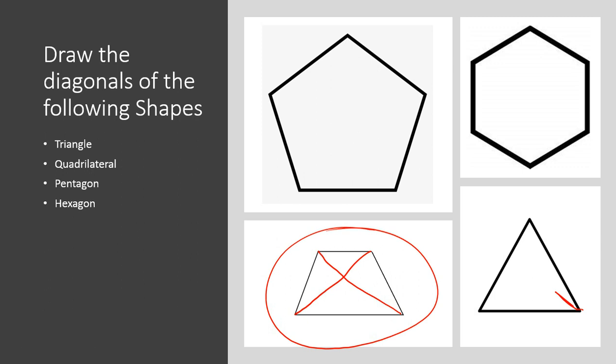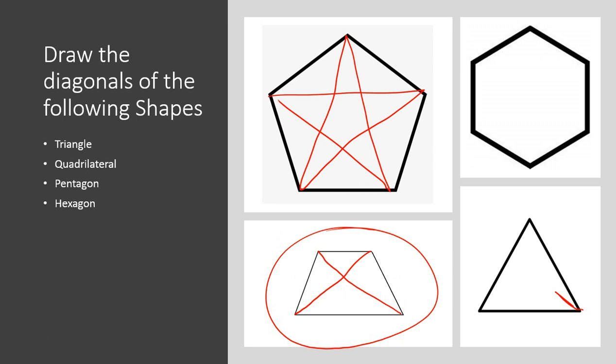Going up to the pentagon, we saw it on the previous slide. As you see, it makes a little star within it, and that gives you 1, 2, 3, 4, 5. So it gives you 5.